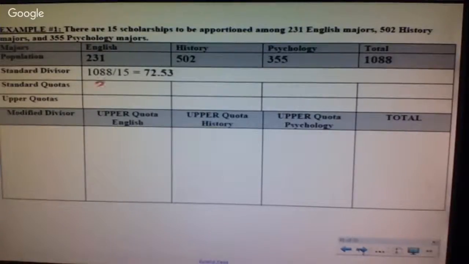So Y1, I got 3.18. Y2, I got 6.92. And Y3, I got 4.89. If you are not seeing this on your screen, you need to let me know now so I can fix it. Come Thursday when you take this test, I'm not answering any questions about the calculator.